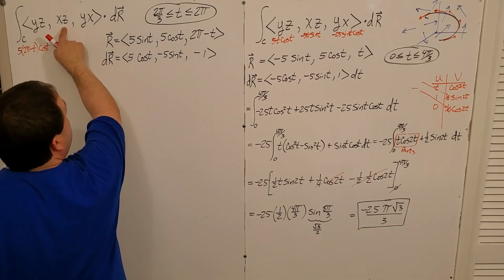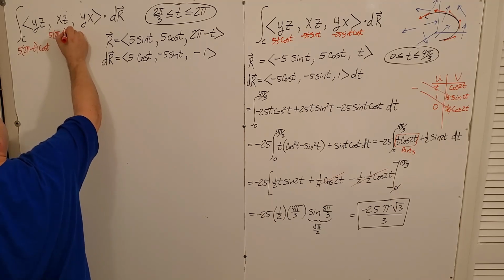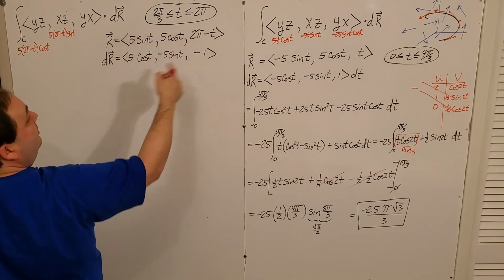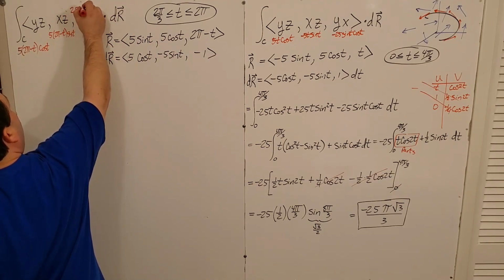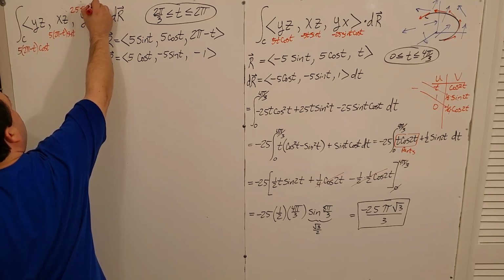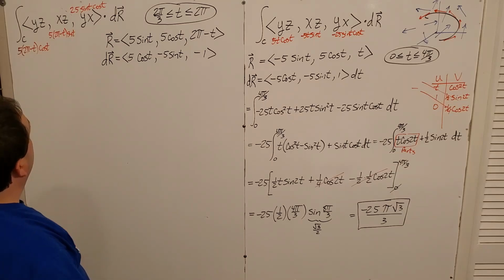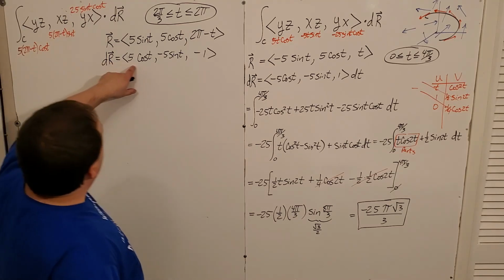X times z is going to be 5(2π − t) times sine. And yx is going to be the same over there as it was, but 25 is positive this time. Sine t cosine t, right? Okay. So we're going to dot those with the dr.